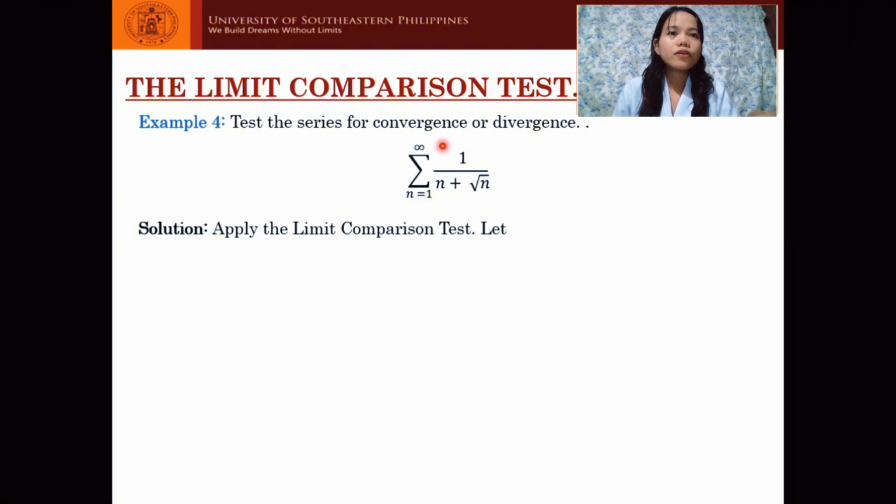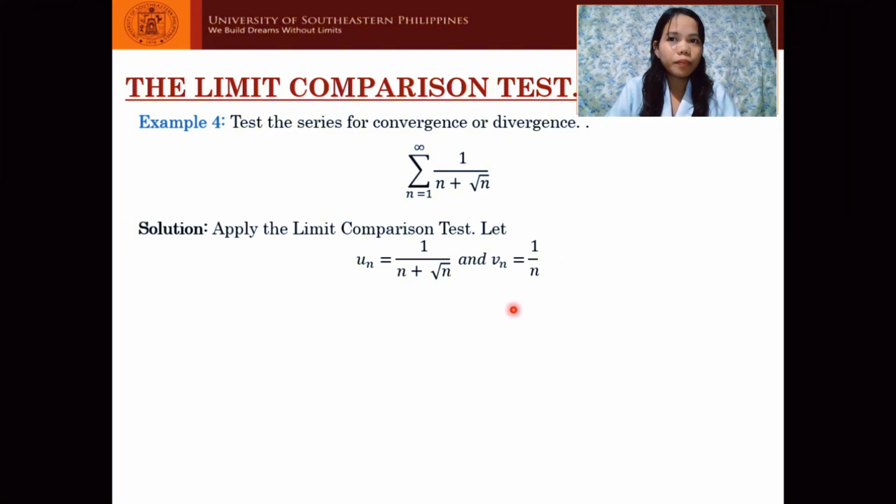So for this one, we're going to let u sub n equal 1 over n plus the square root of n, and v sub n equal 1 over n, which is the dominant n in the denominator of our given series.